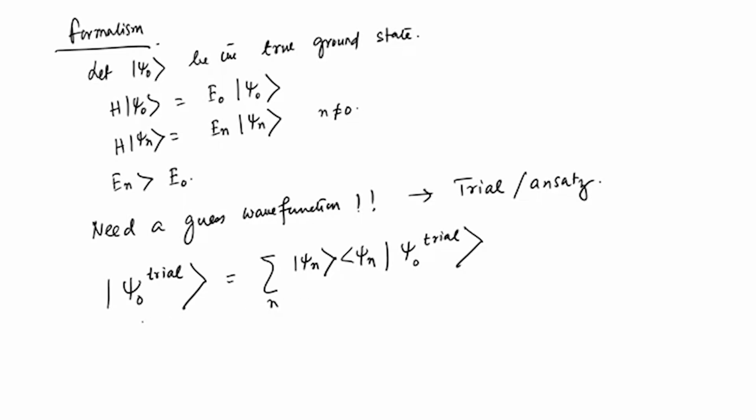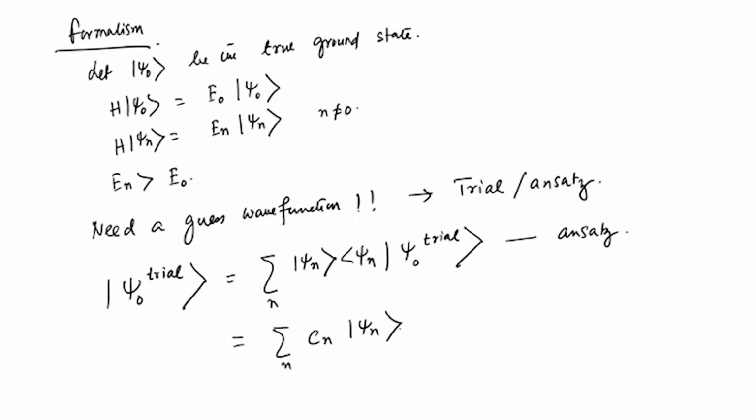So, this trial wave function, this is the ansatz that we make, is actually a linear combination of all the different eigenstates of the problem. This can now be written as the sum over n of C n psi n, including everything. Okay.